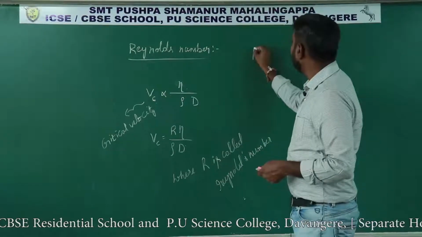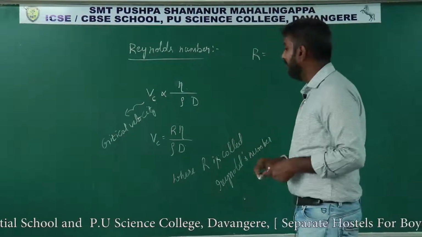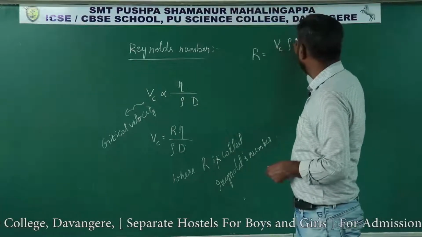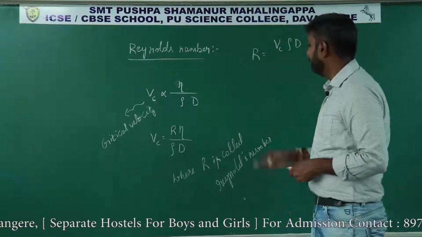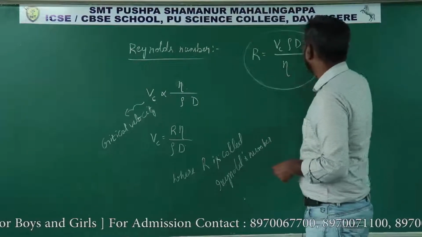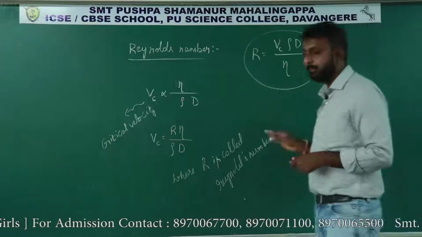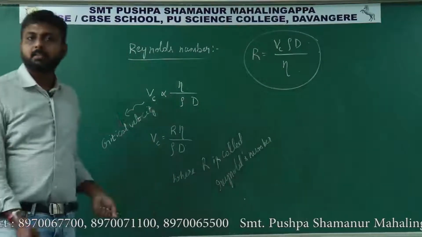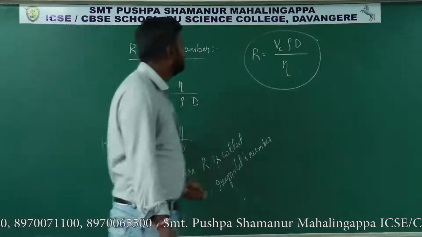Then the expression for Reynolds number becomes R equals to critical velocity, density and diameter divided by coefficient of viscosity. Remember, this expression was given based on experimental results, that is Reynolds number.